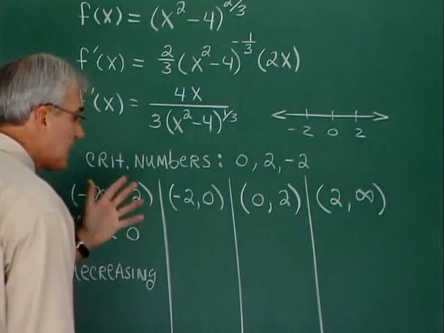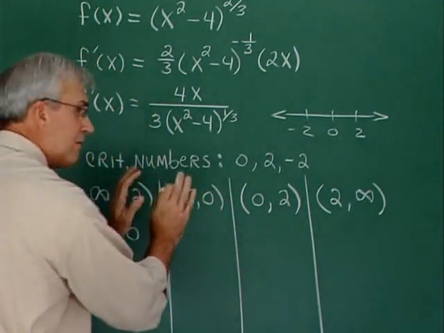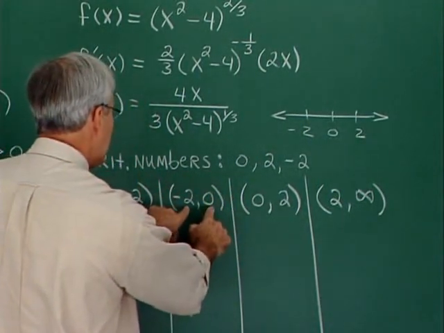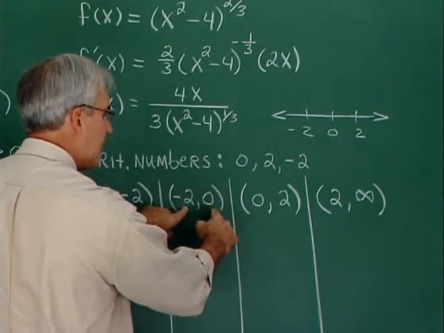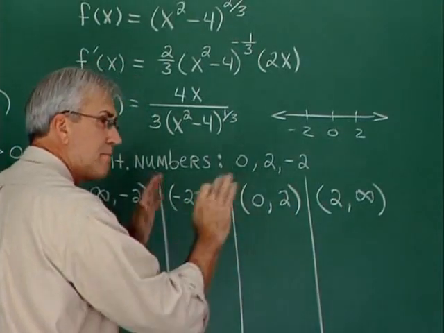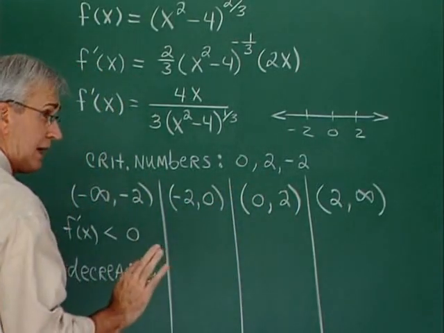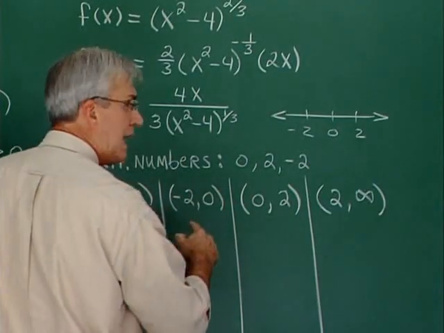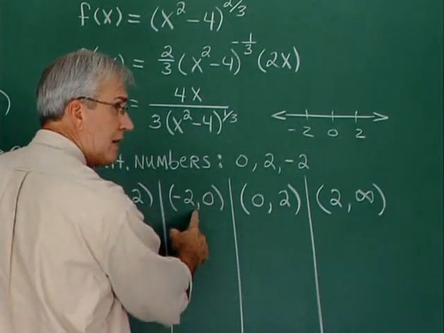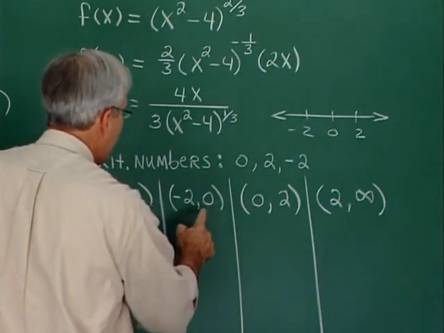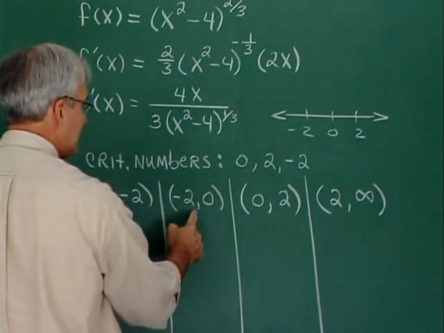Now, in the interval from -2 to 0, if we have a specific interval like this, it doesn't go to infinity, so we can't just say big numbers or big negative numbers. We are wise to choose a value which is in the interval. So we might choose -1 as a test value.